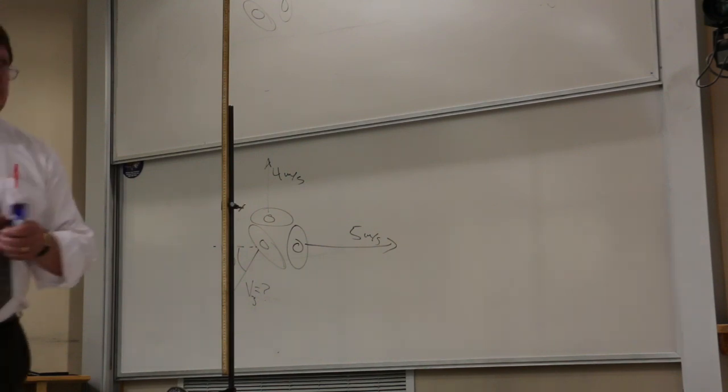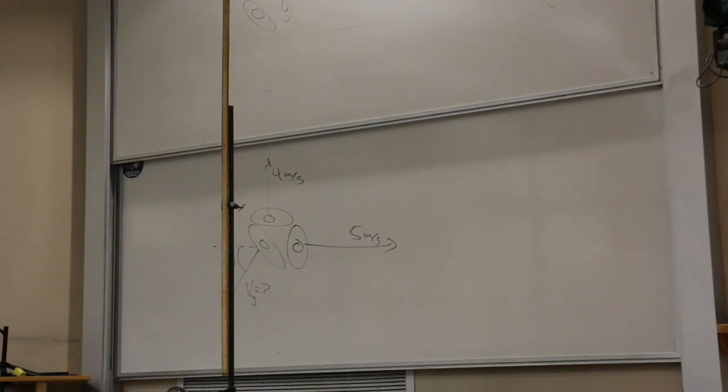I told you that for a collision, and an explosion is a collision, that you could take this equation and you could be sure that the impulse was going to be 0.